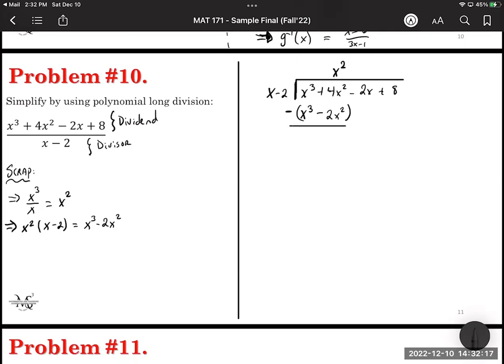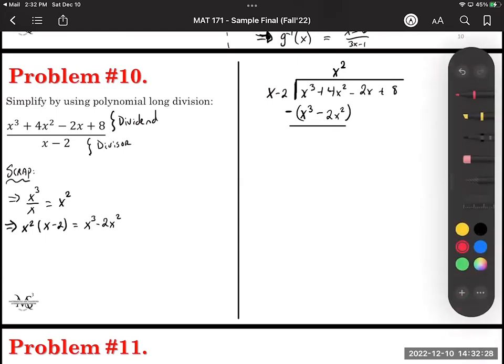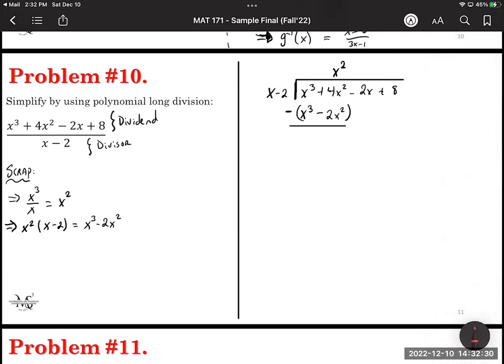So what is x cubed minus x cubed? That's 0, it cancels out. Now, what's 4x squared minus negative 2x squared?